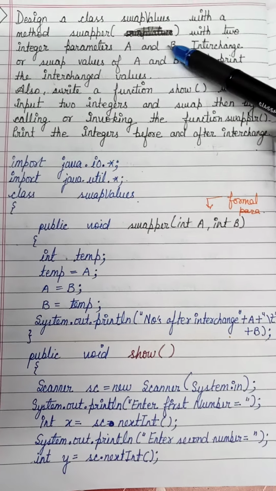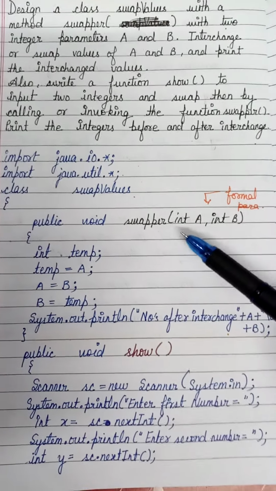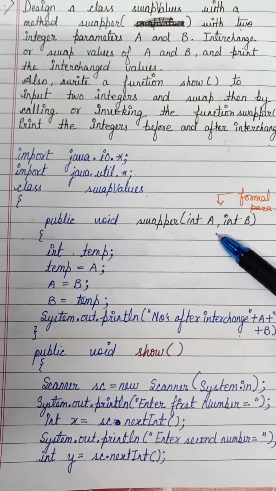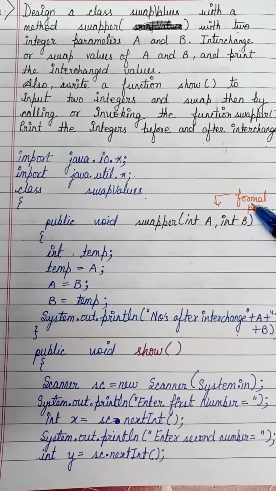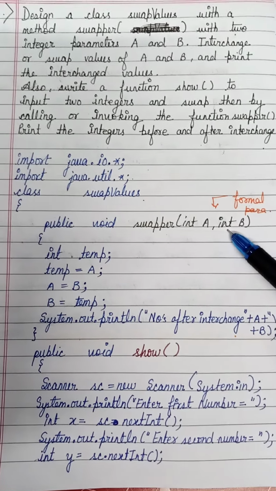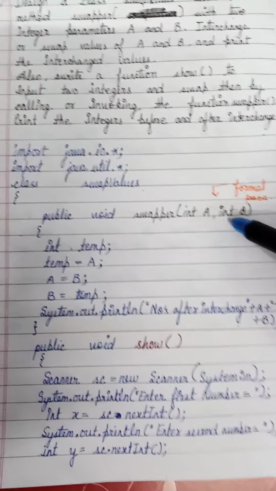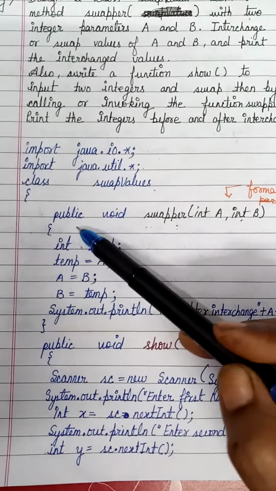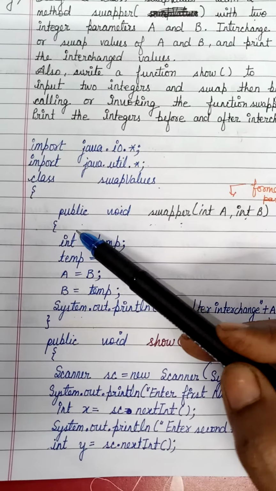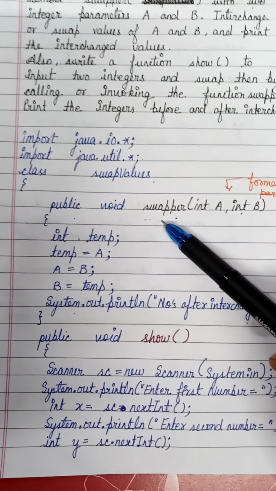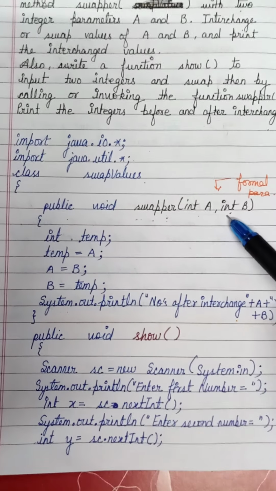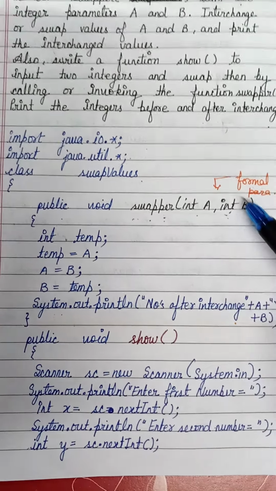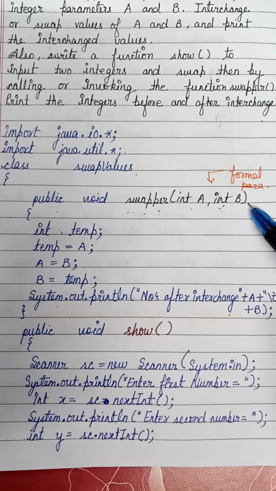And this function has to accept two integer parameters, int a comma int b. These are the formal parameters because we are writing these parameters in the function definition of swapper. We are defining the function swapper.